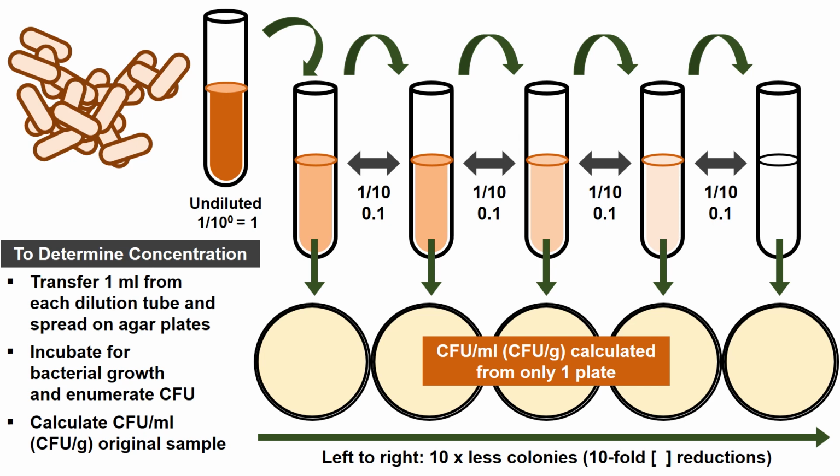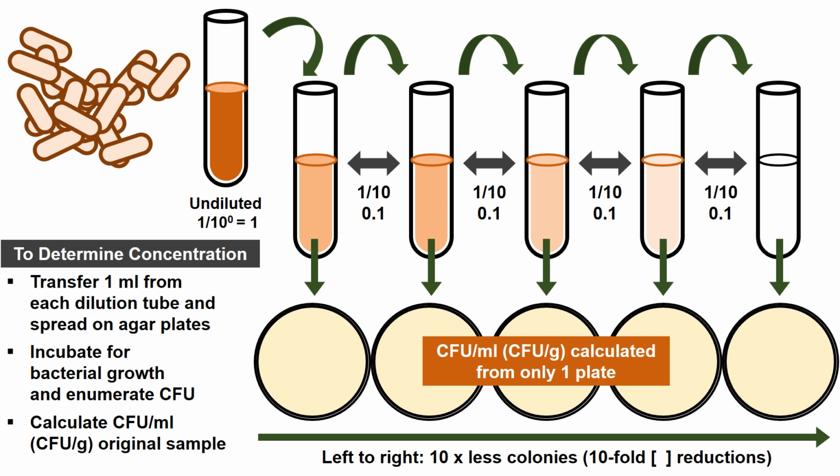Each of those tubes is a tenth apart. Each of those tubes represents a 10-fold reduction of concentration from the previous one until we have a power of reduction on the right of 10 to the fifth. 10 to the fifth less concentrated.